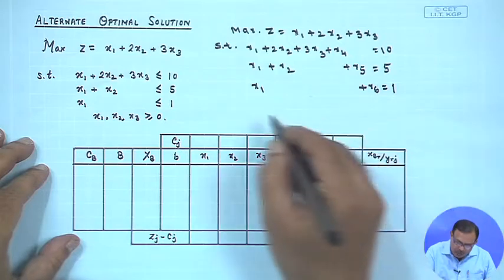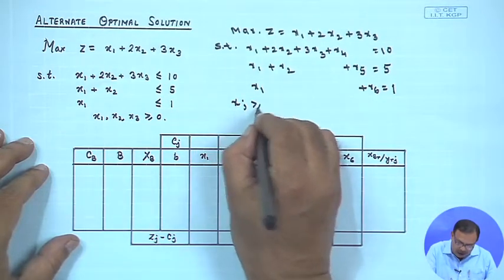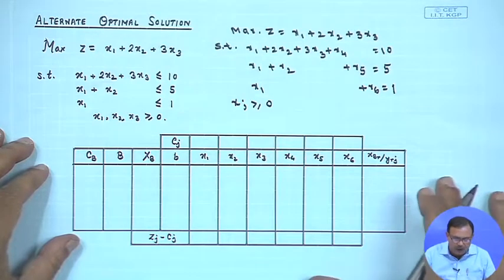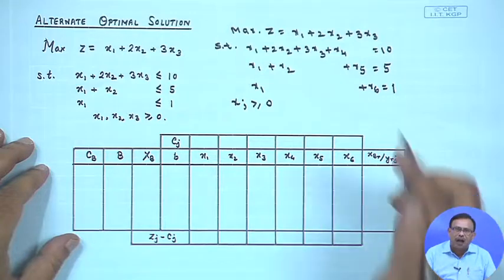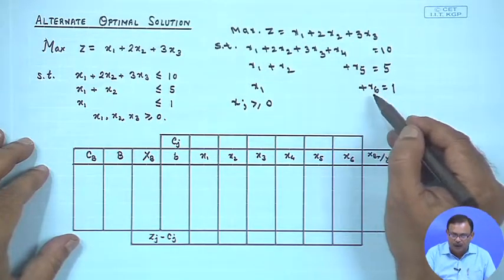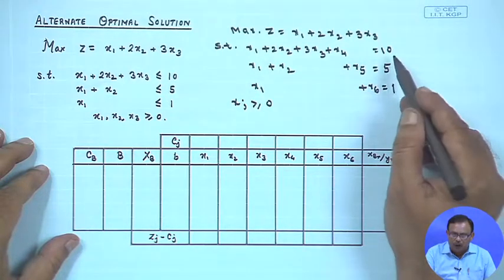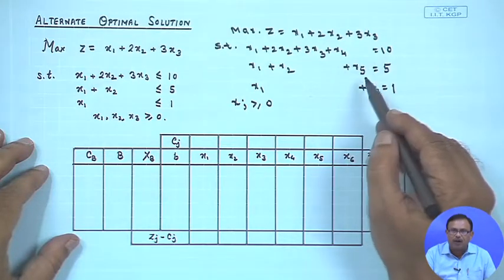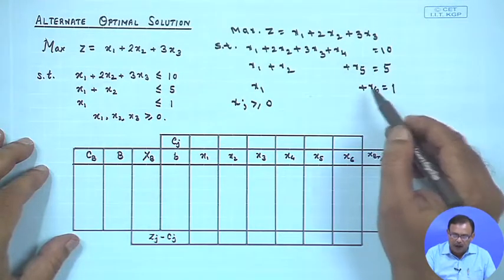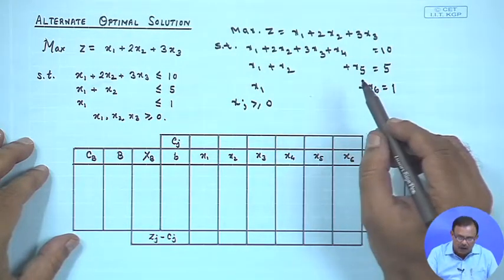And of course, xj are greater than or equal to 0 for j equals 1 to 6. So at first you are introducing 3 slack variables x4, x5 and x6, making the less than or equal type inequalities into equalities, so that your initial basis will be x4 equals 10, x5 equals 5 and x6 equals 1, where x1, x2, x3 are 0.